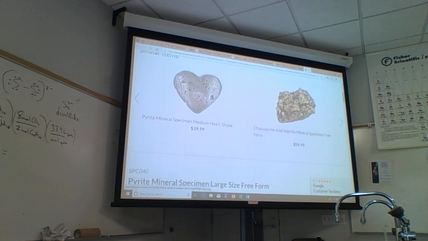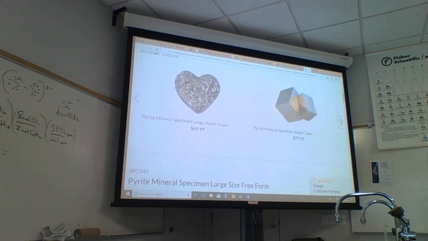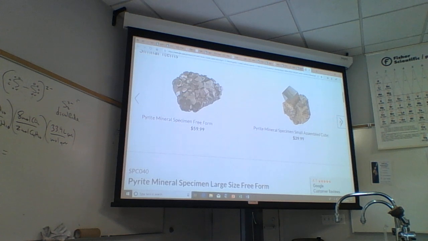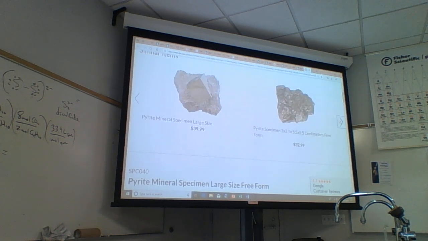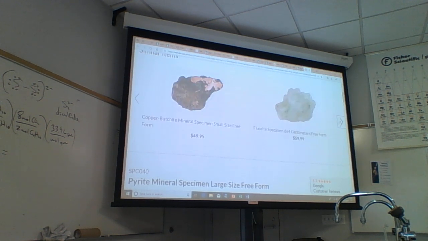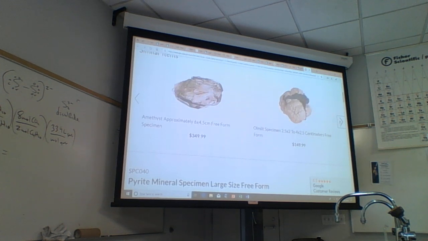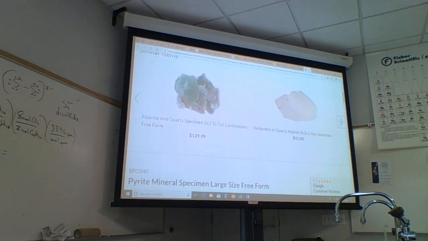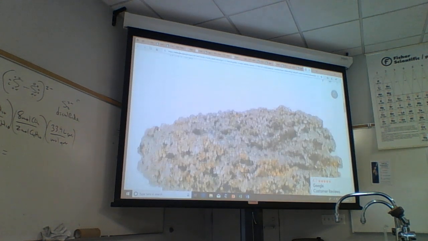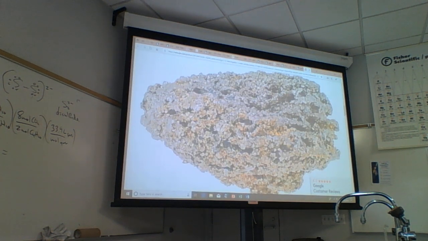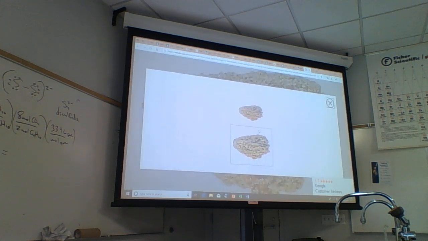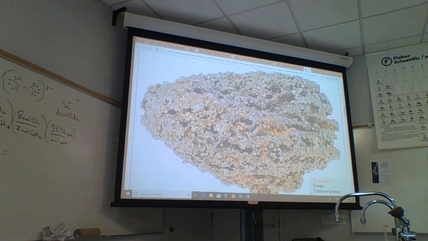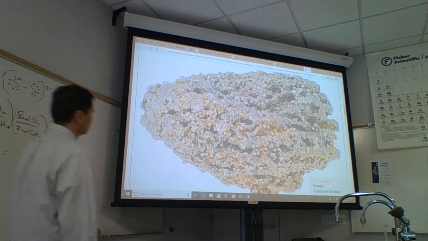This might be mistaken for gold here. Here I can see the little cubes. This is called polycrystalline. You have lots of little cubes, lots of crystals. So poly meaning many crystals. Polycrystalline material.